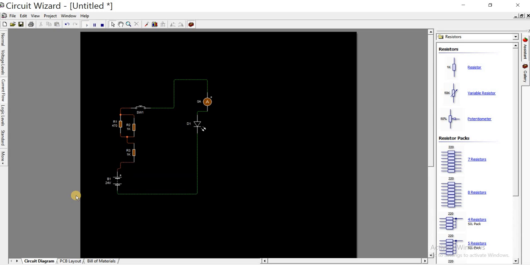Now that I've connected a series resistor and parallel resistors, the value is now increased because this is already 3 point something, and now this 1K, so it should increase. Now we have 15.59.